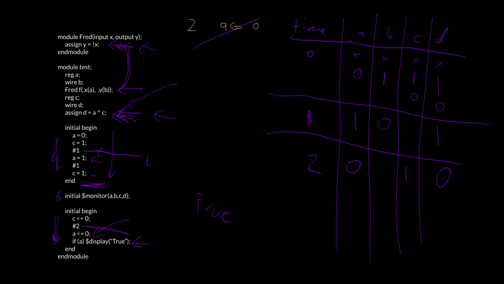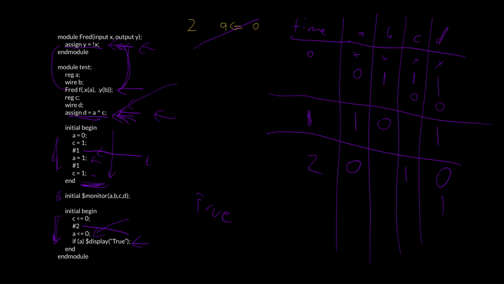Does changing A trigger anything? Yes, it triggers this assign statement, and via this module instantiation, it triggers this assign statement here. We can do them in any order. Let's do the assign D first. D equals A exclusive or C. A is 0, C is 1, so that makes D equal to 1.